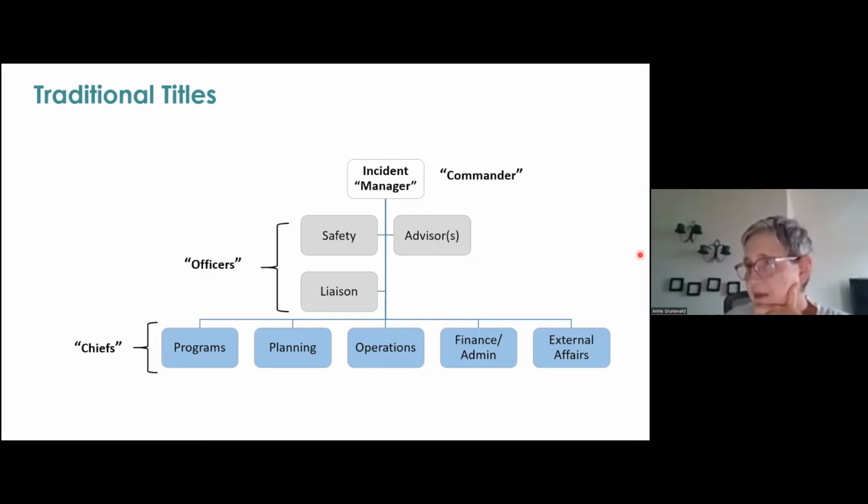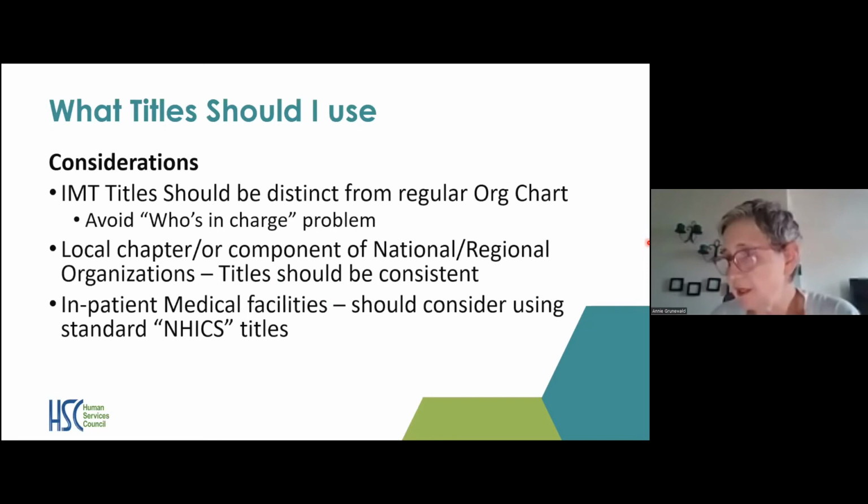Now, let's talk about why or why not you might use those titles. You want to make sure that your titles for emergencies are a little different than what you use for your everyday operations.